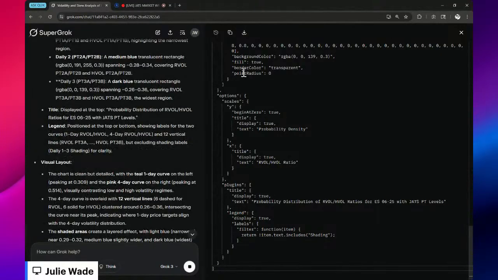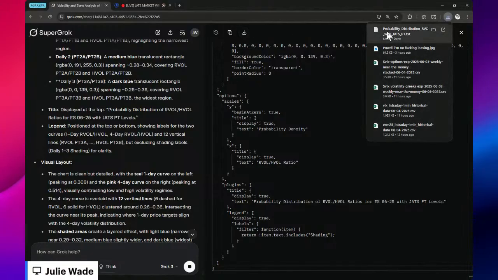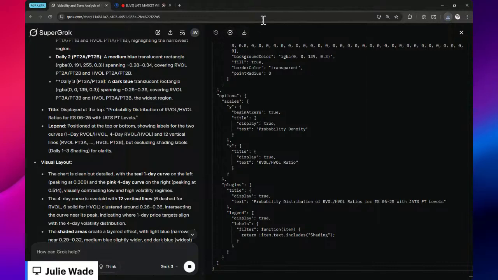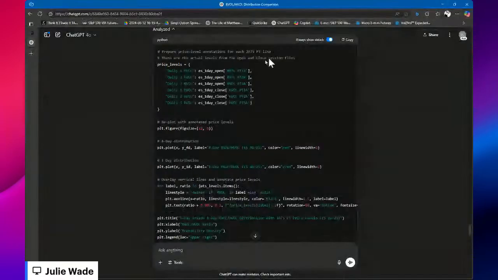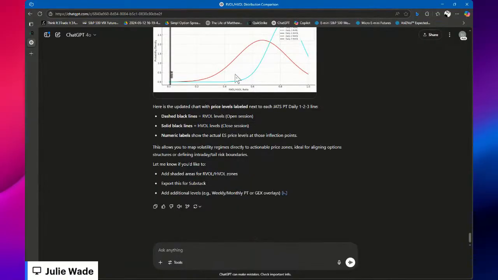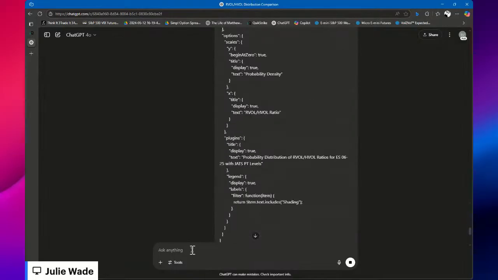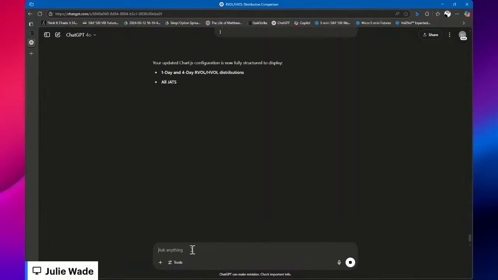It's having trouble. I can download this, actually copy it and put it into ChatGPT and get ChatGPT to render it. So here's their version. It still didn't give me the price levels. Let's see what Grok's version did.